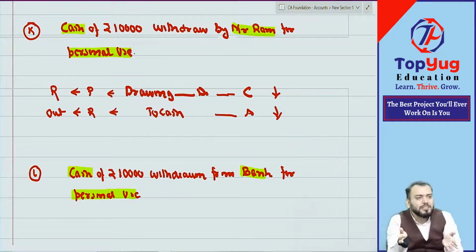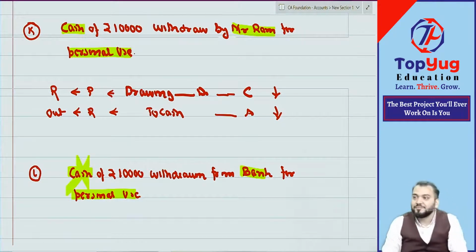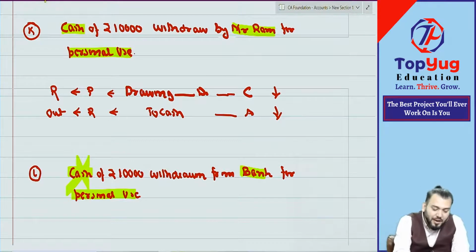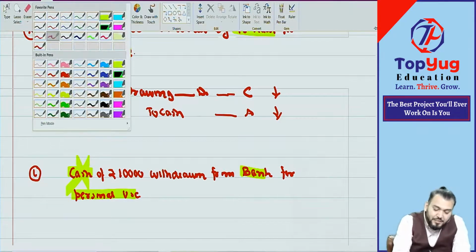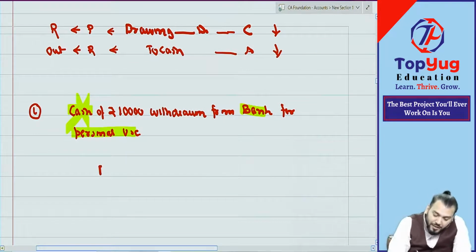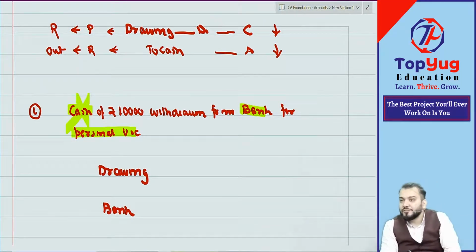Means the business में तो cash आया ही नहीं ना. Are you getting? What are the two aspects? Bank and personal use. Personal use means honor. Which accounts will open? Two accounts: one is drawing, another is bank. Understood this point?